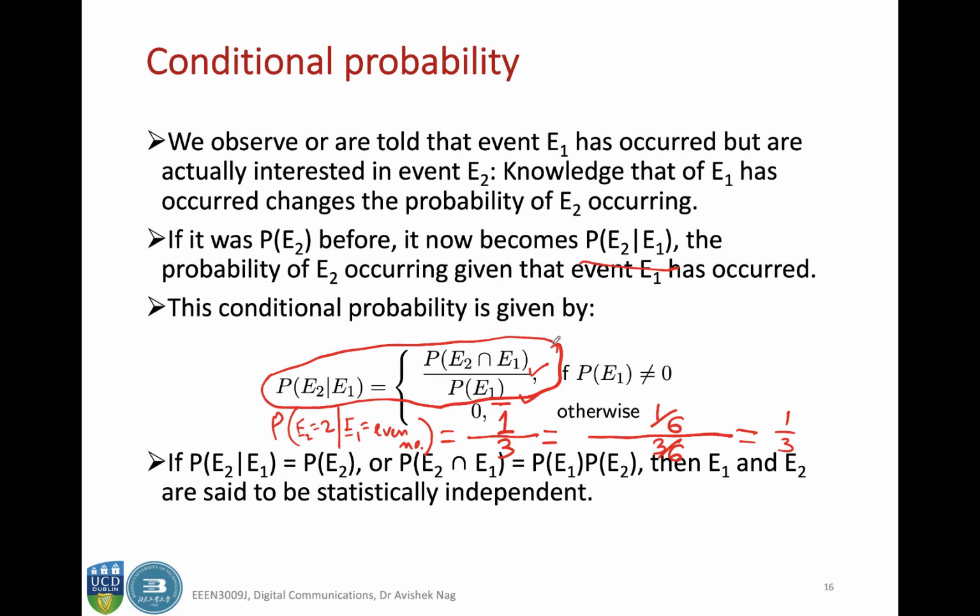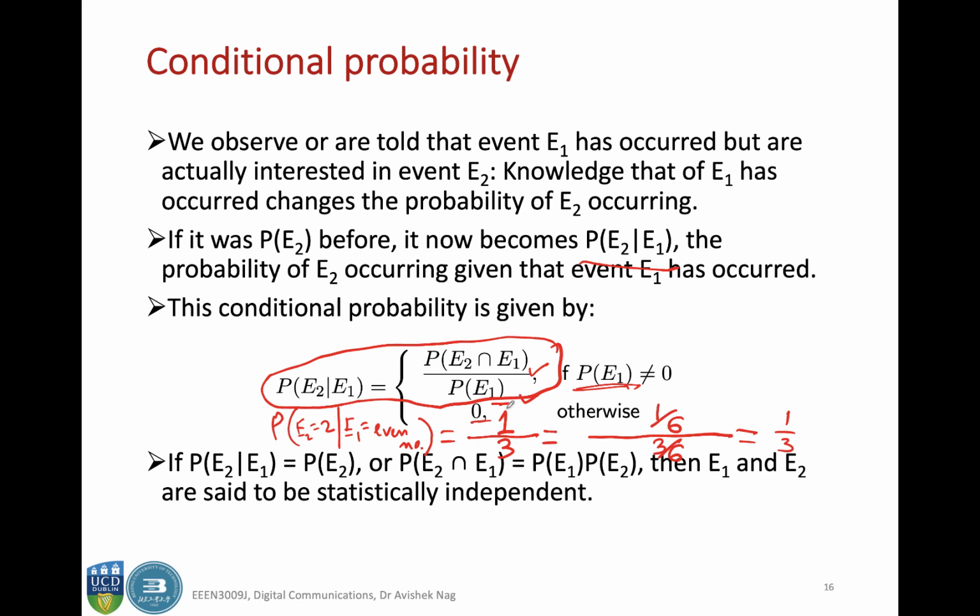There is also a condition here: this equation holds true if probability of E1 is not equal to 0. Otherwise this will be 0.